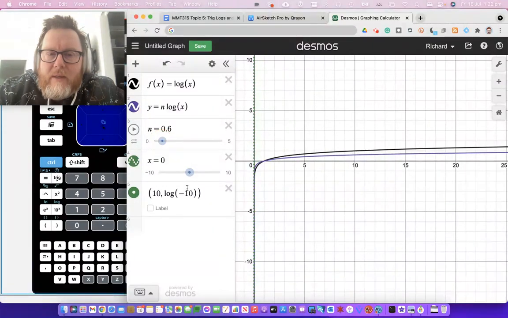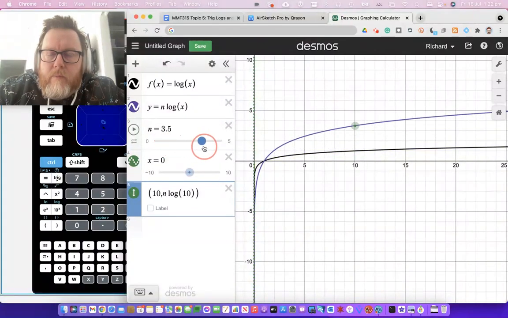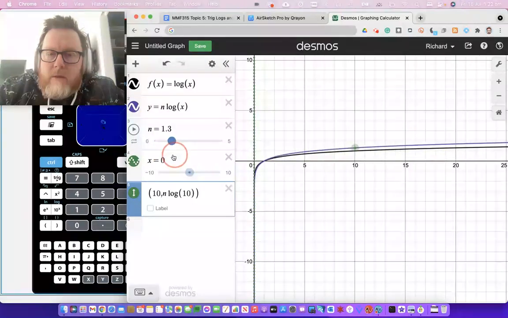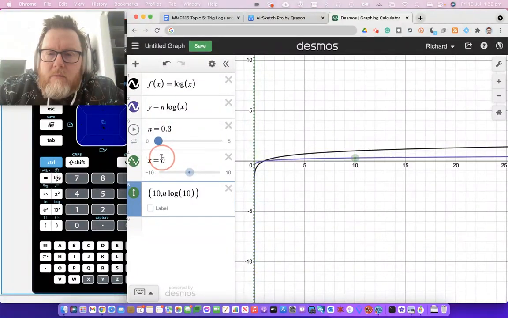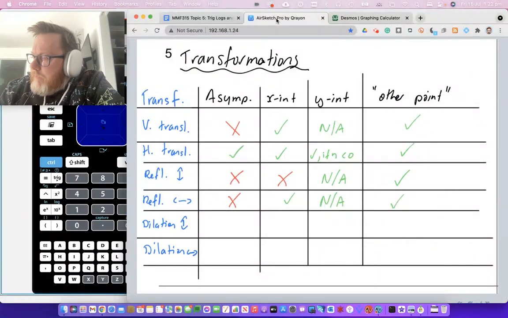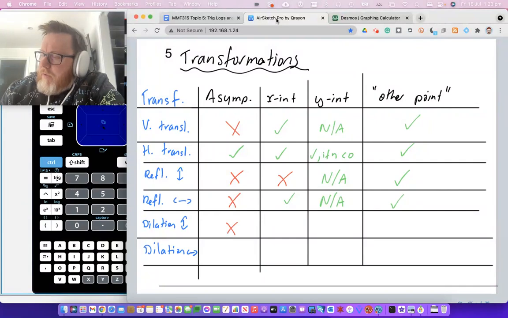So what does that mean? That affects the other point. It affects anything else? Not much. What wasn't affected? The asymptote wasn't affected.